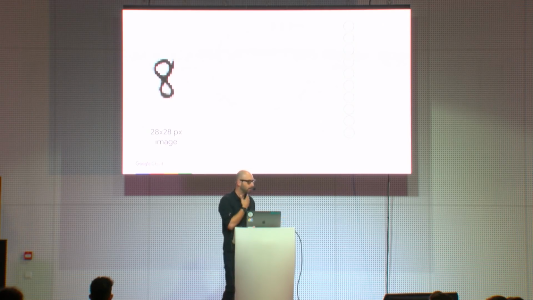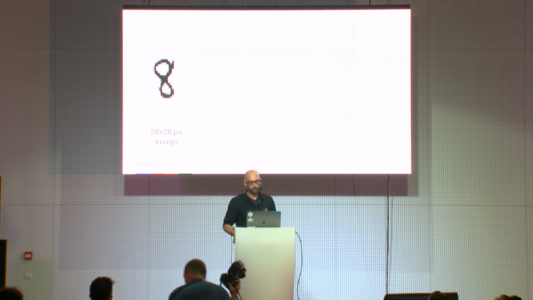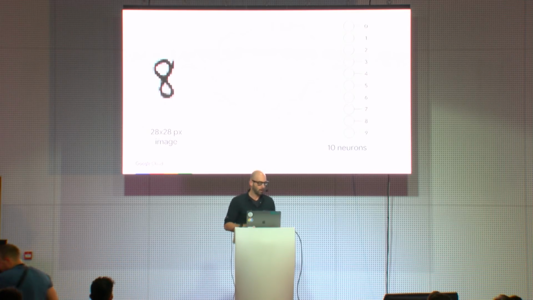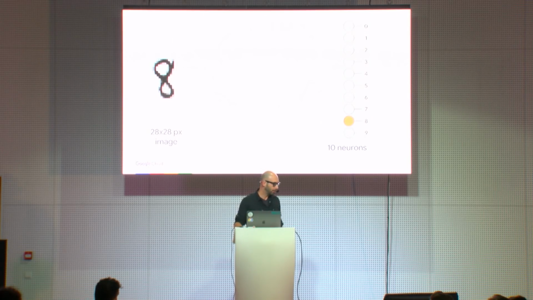So let's look at the image and figure out how it does this. We take an image of 28 by 28 pixels, an image of the number 8, and this is the simplest type of model that uses these neurons. The neurons are the circles on the right-hand side. Essentially, we're going to try to identify this as the number 8, and we're going to break it down into 784 pixels, and we're going to linearize those pixels.